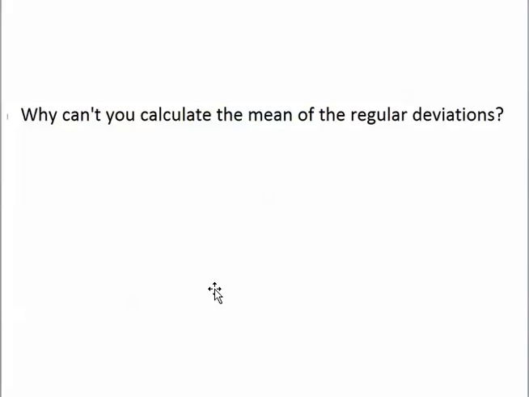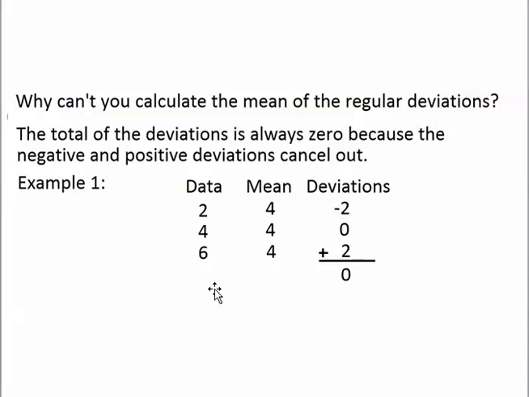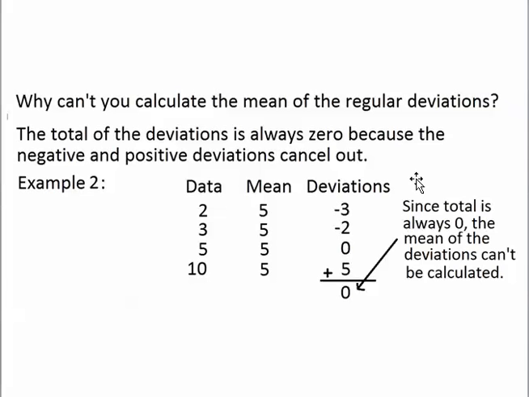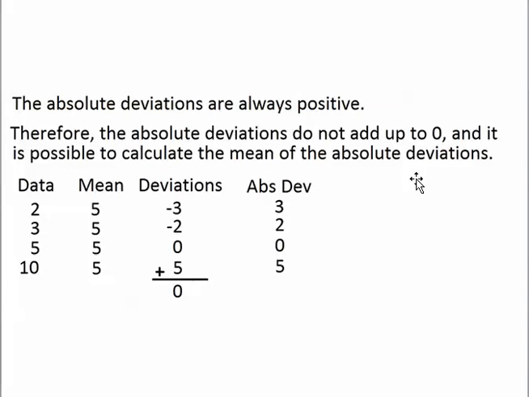Now, why can't you just find the mean of the regular deviations? I mean, why can't you find the mean of this column right here? The reason why is because these values always add up to 0, because the positive and negative numbers cancel each other out. That'll always happen in any data set. So in order to keep that from happening, you have to find the absolute value of each deviation.